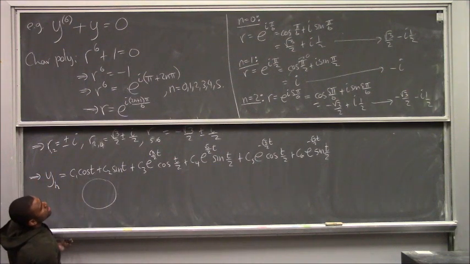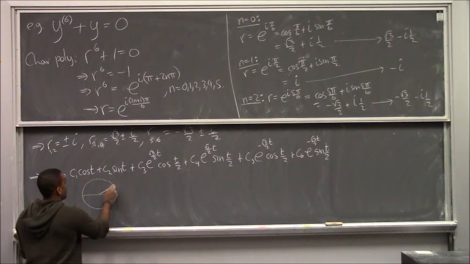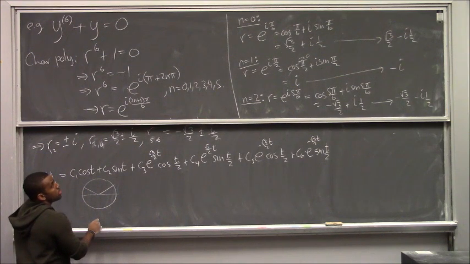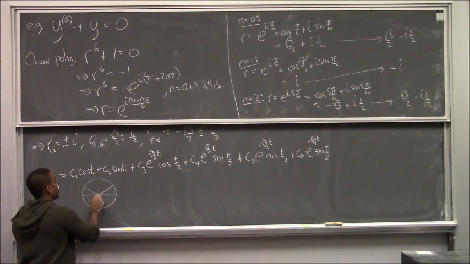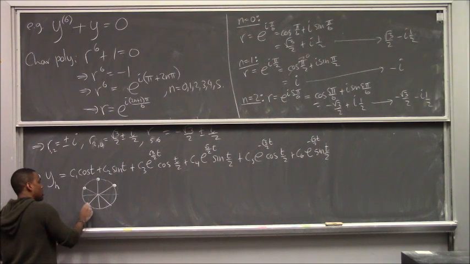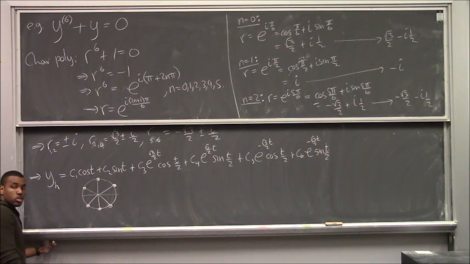So the angles were pi over 6 was one, 5 pi over 6 is another one. We also had pi over 2. So the complex numbers would be located here, here, here, here, here, and here. Notice that none of them are on the real line because there's no real solution.